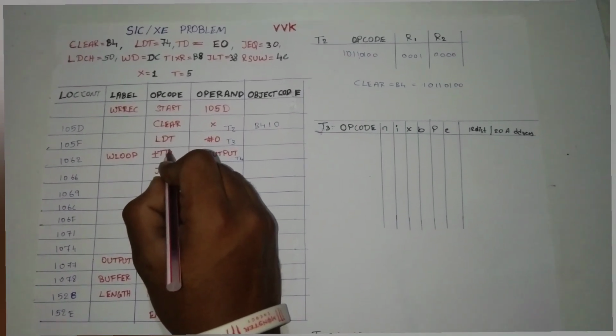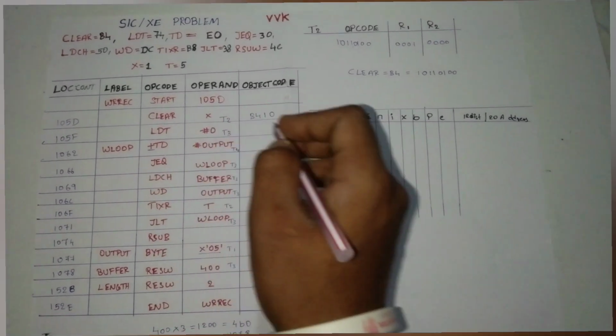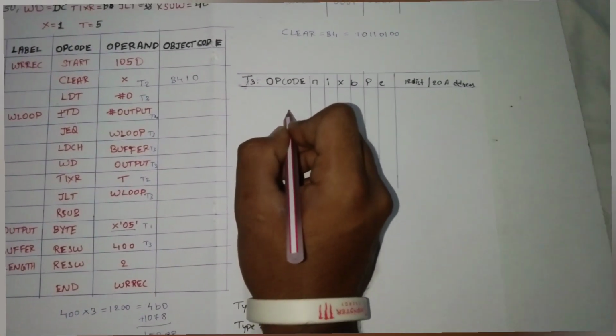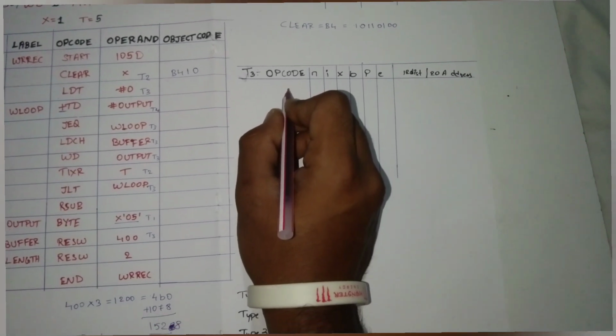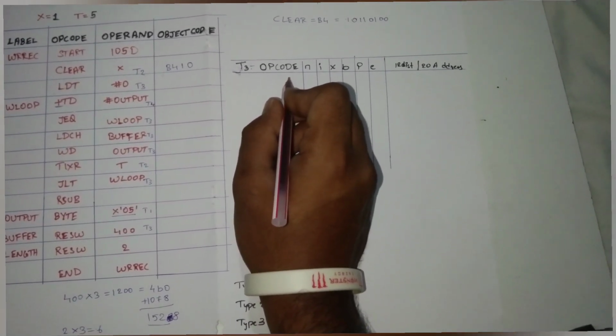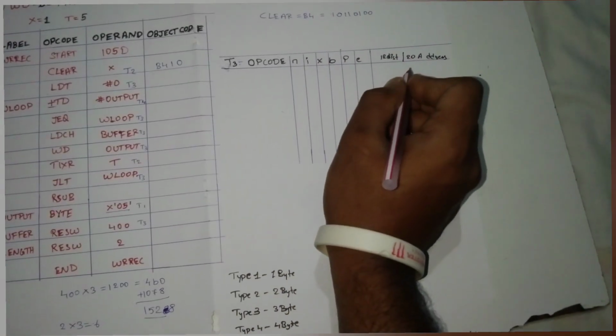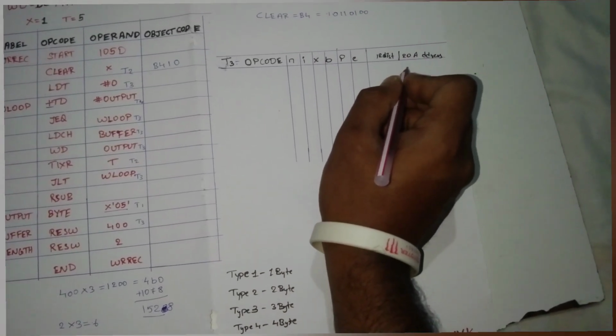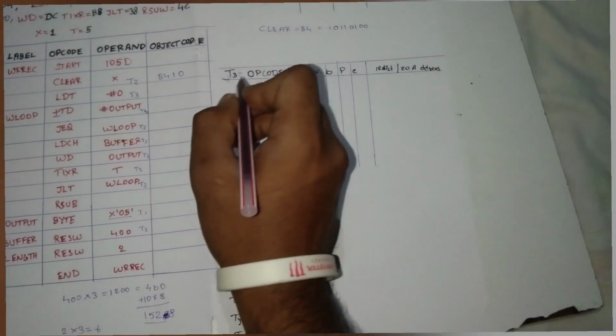Next, moving on to LDT. LDT is of type 3, so we are using this object code format here. Type 3 and type 4 are similar, but differ in 12-bit displacement and 20-bit address.